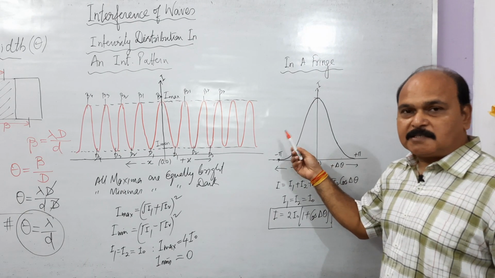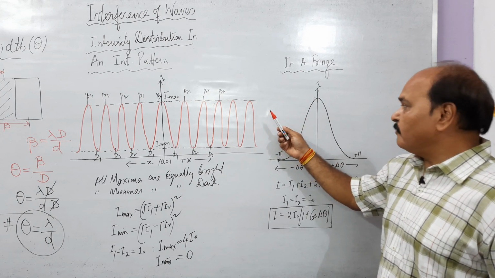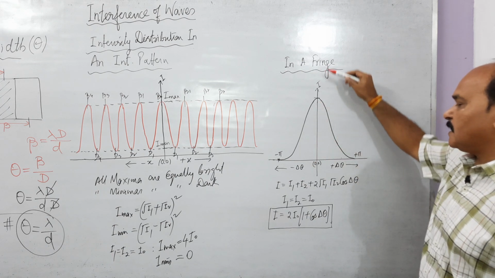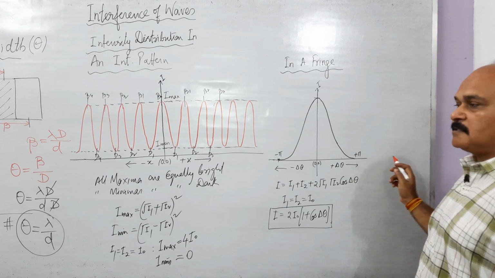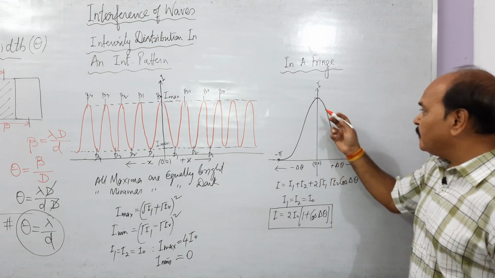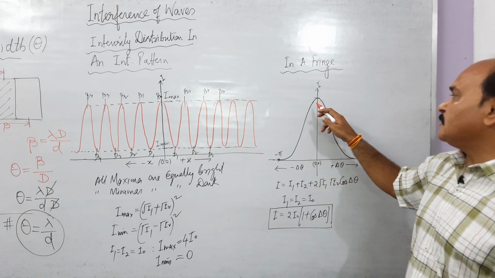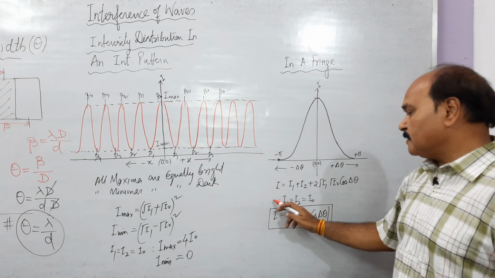Let us see intensity distribution in a band, in a fringe. Well, in a fringe, intensity distribution is like this. This is the intensity axis, this is your distance axis, or say phase axis. Distance can also be replaced by phase. And here we have taken for granted that the two waves which are superposing over each other to produce the interference pattern have equal intensity.